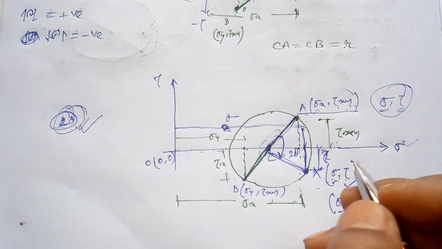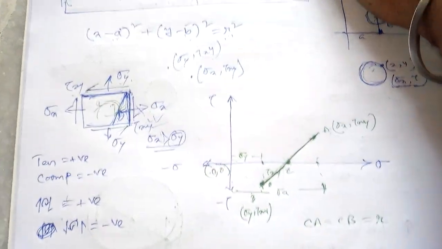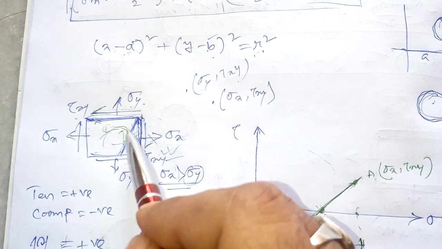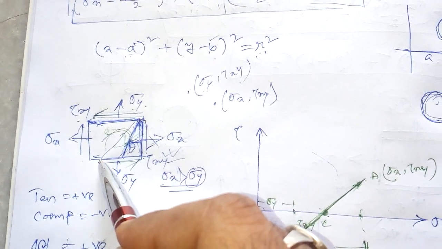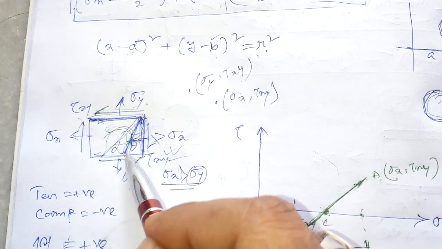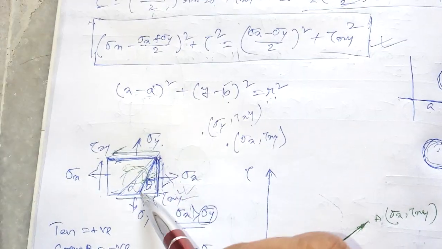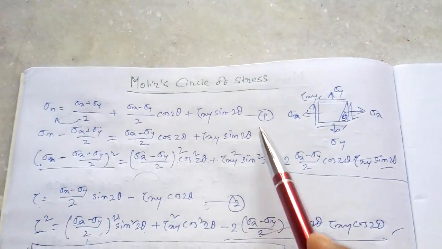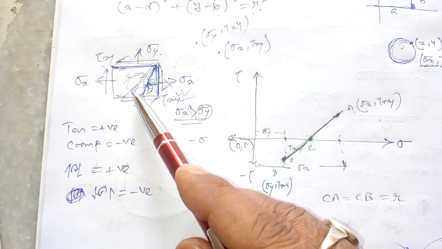Now another thing we can see in the analytical method. Suppose this section was given to you and you have to find out the stress condition. Now again another section is given to you, that is alpha angle away, right? For the analytical method you have to again put the value of alpha in this and this equation, and find out the stress condition for the new section.